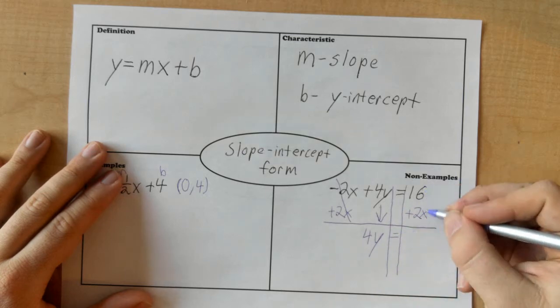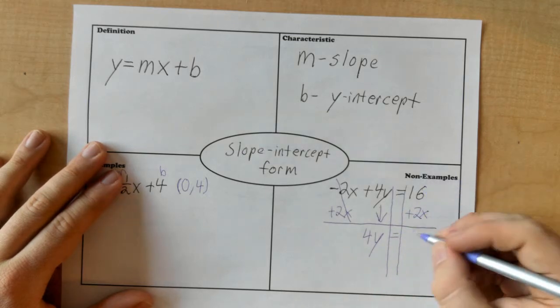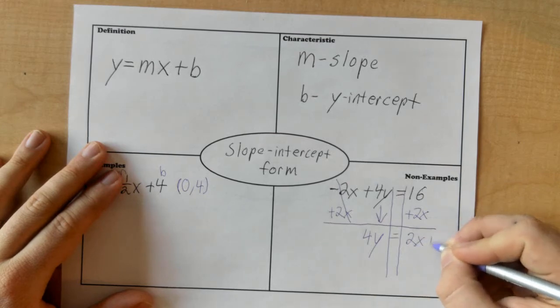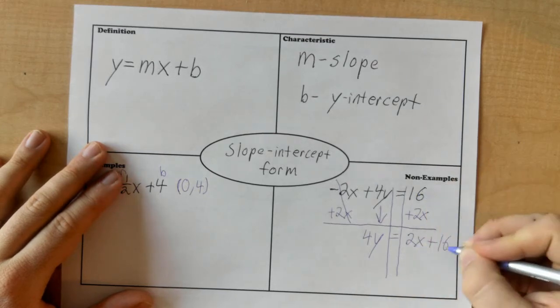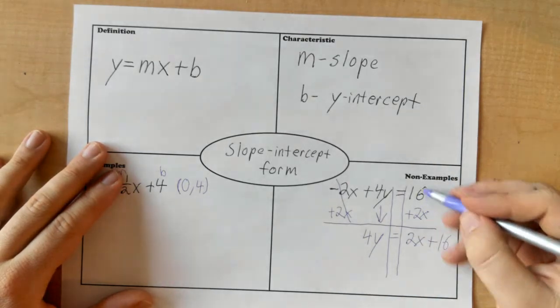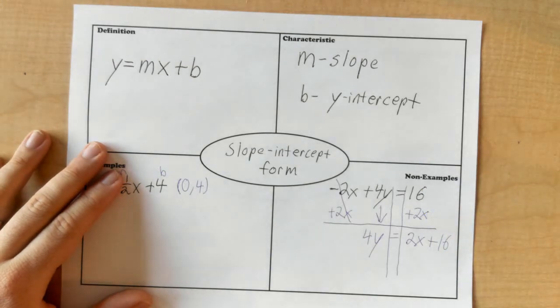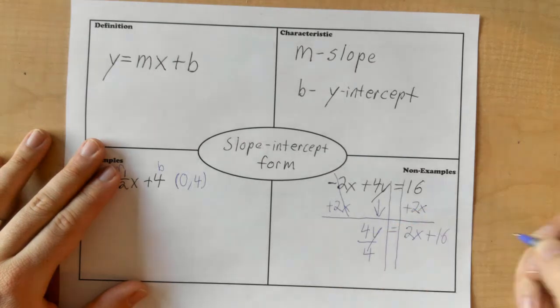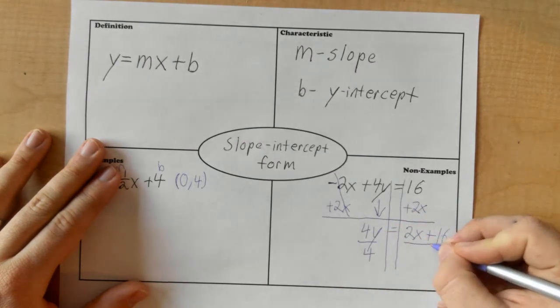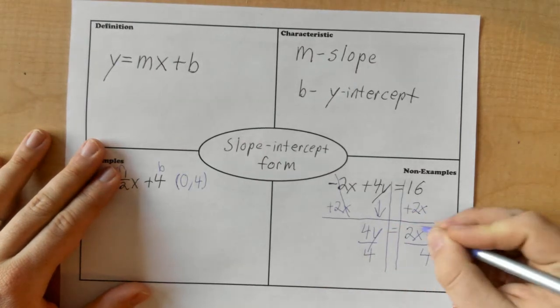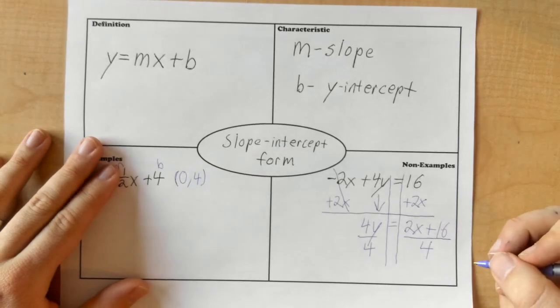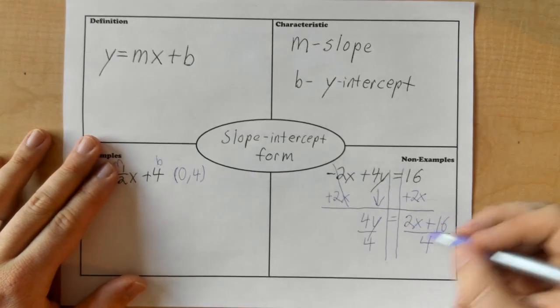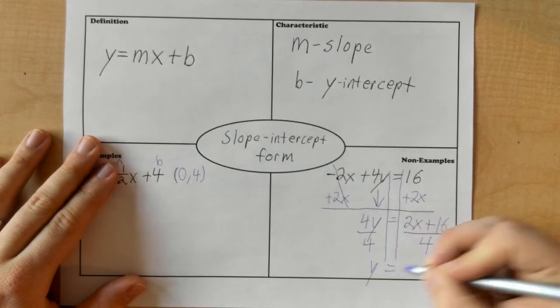These are not like terms, right? So we have the 2x, and this is a positive 16 here, right? I'm not going to combine them because they're not like terms. When dividing by the coefficient here, I'm dividing this entire side by 4, which means I'm going to divide both of the numbers by 4.